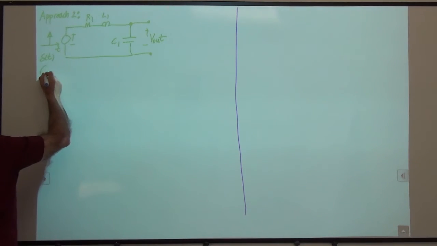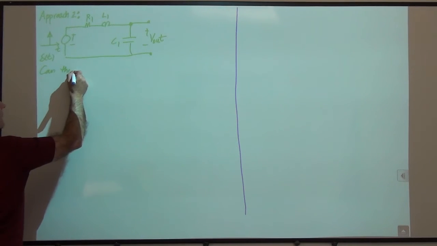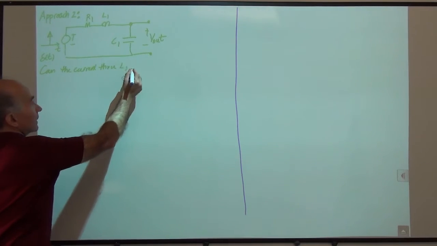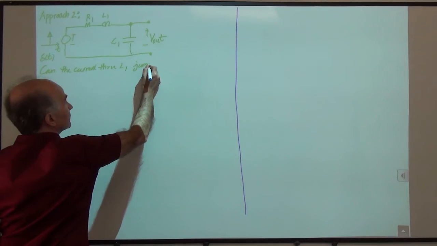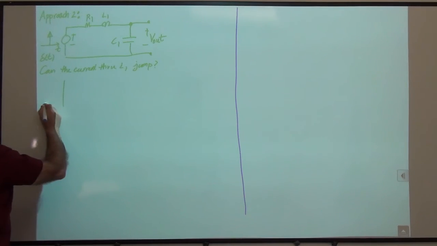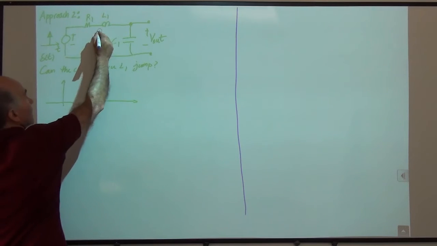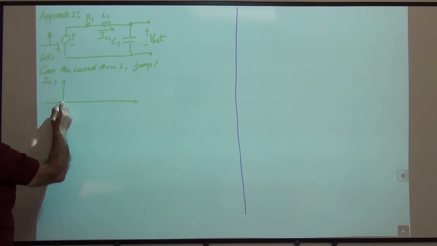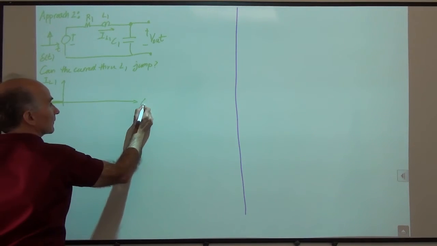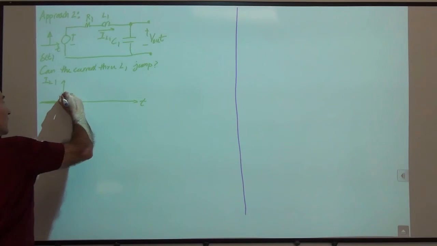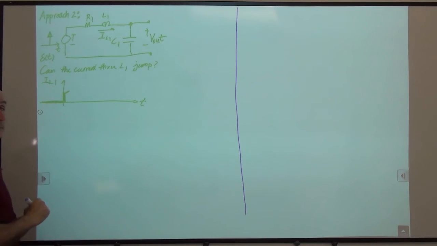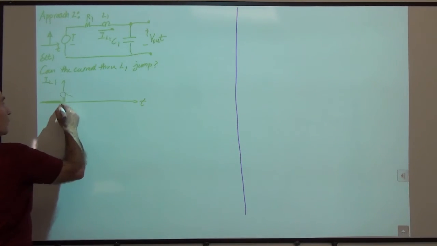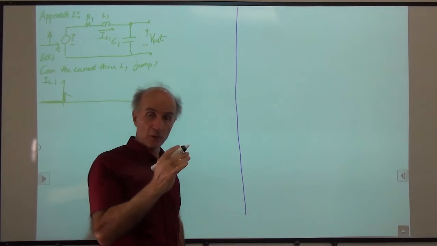So we say, can the current through L1 jump? Here's the situation. Let's say this current here, IL1. IL1 is assumed to be 0 before time 0. And what we're wondering about is whether we can have something like this. It could be this way or this way, but the point is, is there a jump in the current at time 0, from 0 minus to 0 plus?